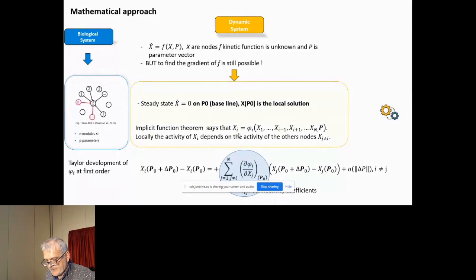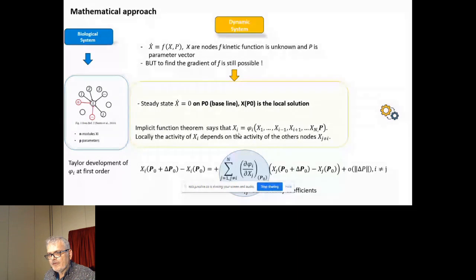Classic MRA considers the steady states, where x dot equals 0. We suppose the existence of a local solution at the baseline p0, and we note this local solution x(p0). And thanks to a very important theorem, the implicit function theorem, we can write the activity of a node xi as a function of the activity of the other nodes xj.